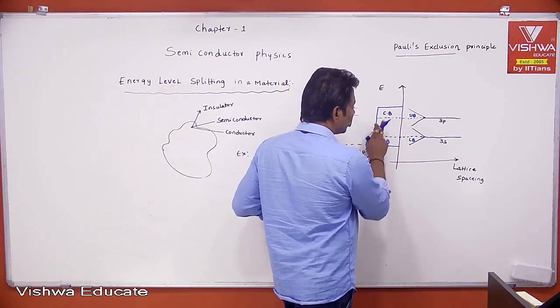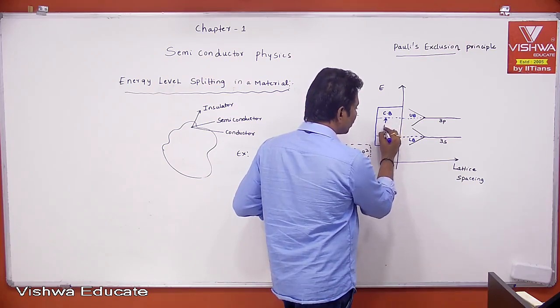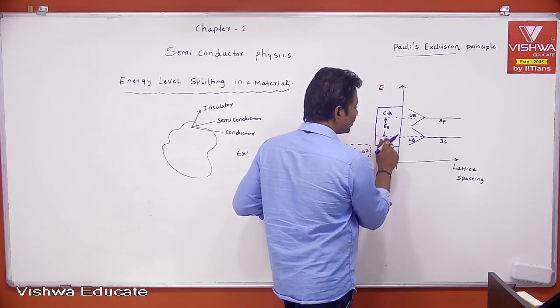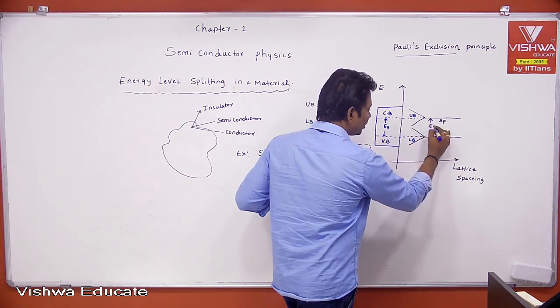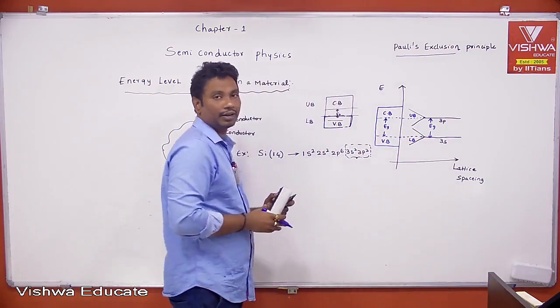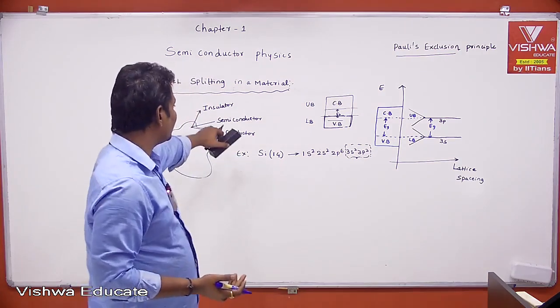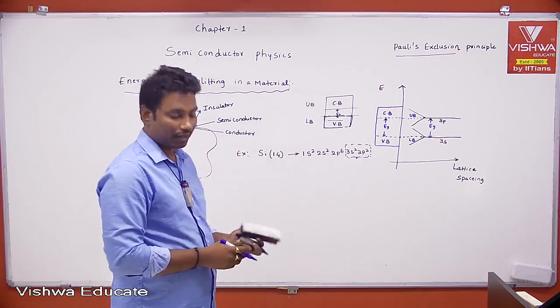The gap between the conduction band and the valency band is nothing but the energy gap or forbidden band. Energy gap is nothing but the gap between the two orbitals, we can say. This is the way to draw the energy band diagram for any material, not only for silicon. Any material means the material is an insulator or semiconductor or conductor.